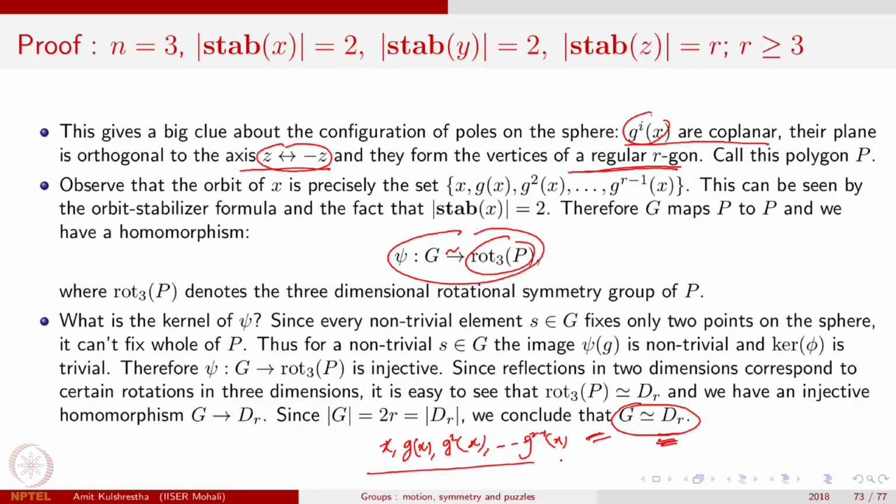These distinct points make a regular r-gon, and that is how G becomes isomorphic to D_r.